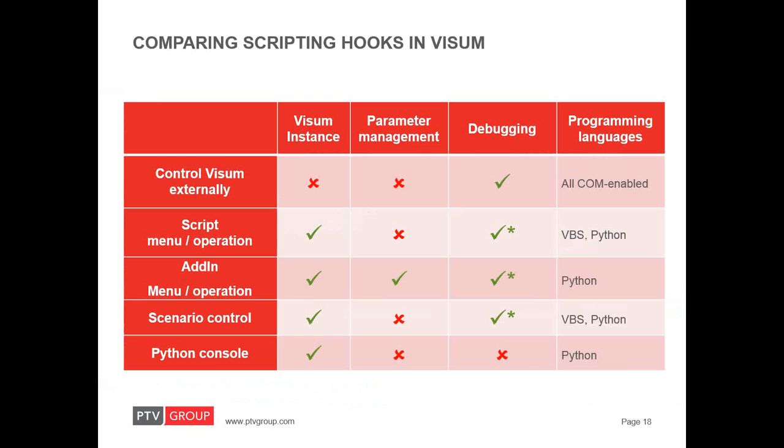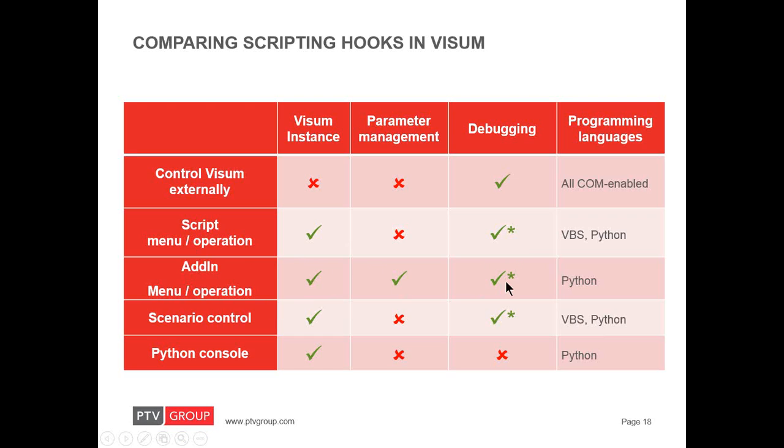Just a brief comparison. If you control Visum from extern, you don't have to care for the Visum instance, and you have got easy ways for debugging. When you run scripts from inside of Visum as scripts or add-ins, you don't have to care for the Visum instance, but debugging is a bit more complex than in the other scenario.